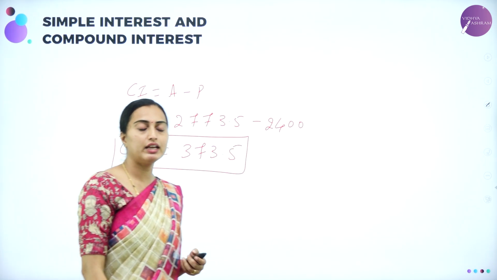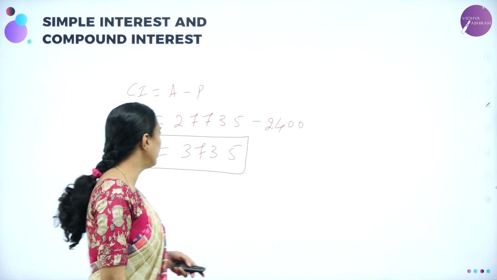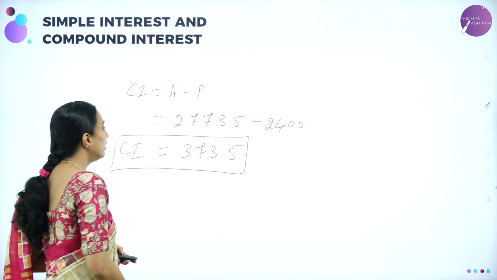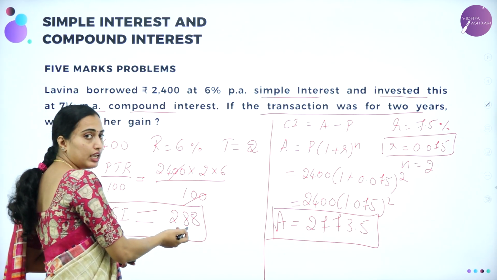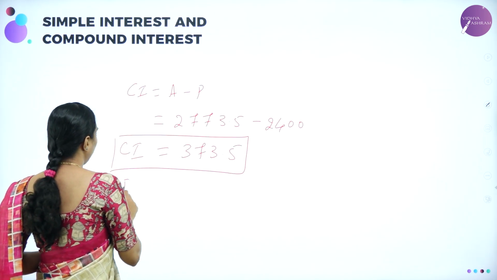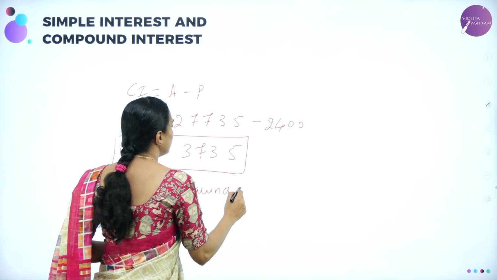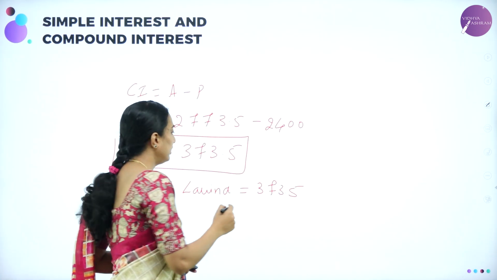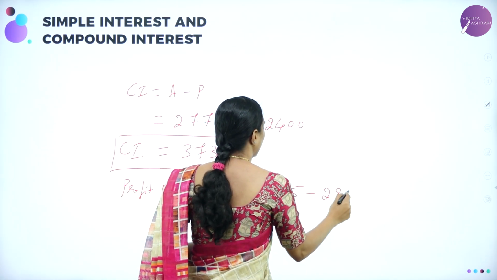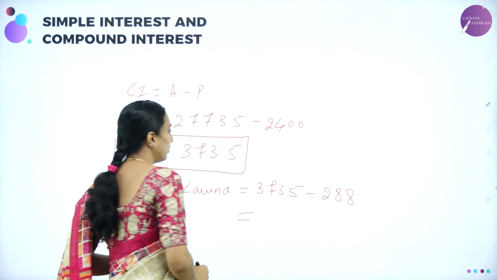Now I want to calculate Levina's gain. Therefore, you need to see the difference of CI and SI. CI is greater than SI. Therefore, the profit of Levina is given by 373.5 minus 288, which will give you the value.